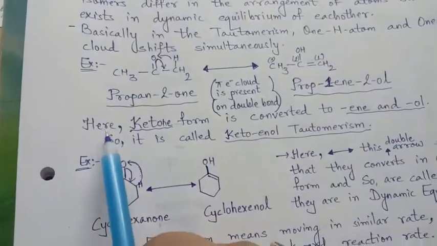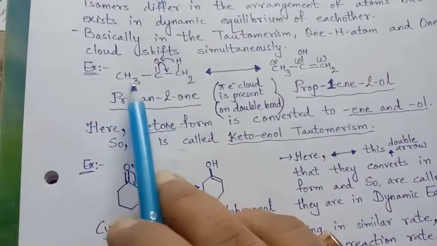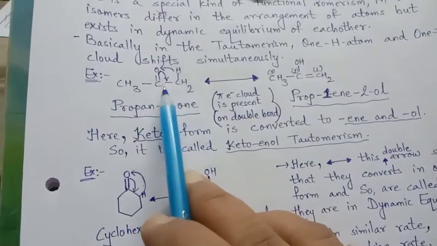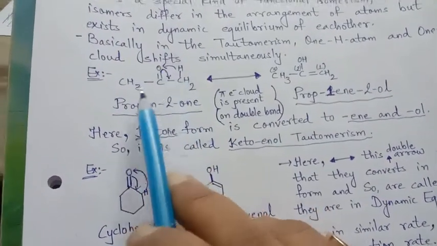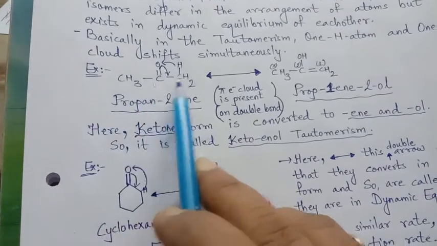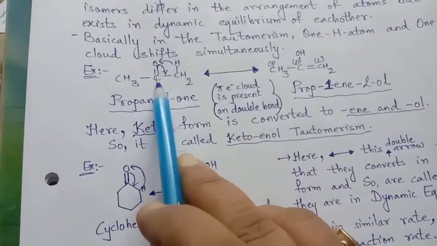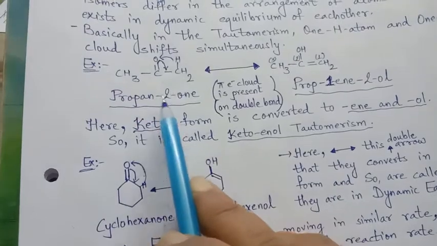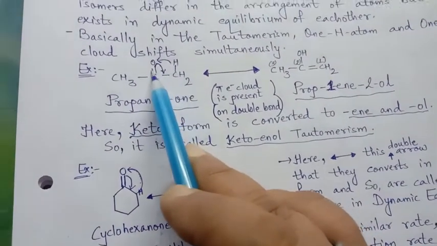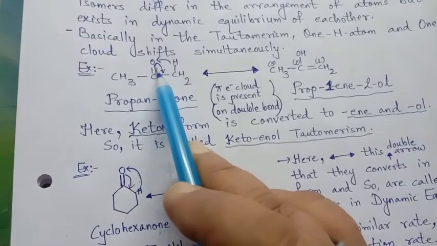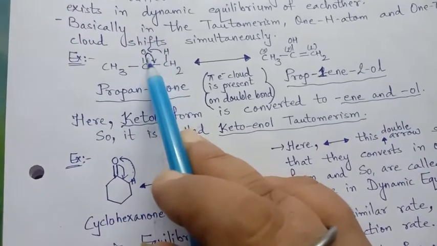See, here is an example. Here is CH3, CH2, and on C there is a double bond to O. That means a ketone group. If we give the name, it is 1, 2, 3 propane. The second carbon has the ketone, so propan-2-one. Now see, I have shown an arrow. Out of this double bond, the pi electron cloud, right?